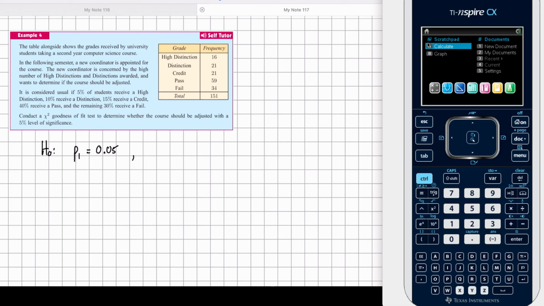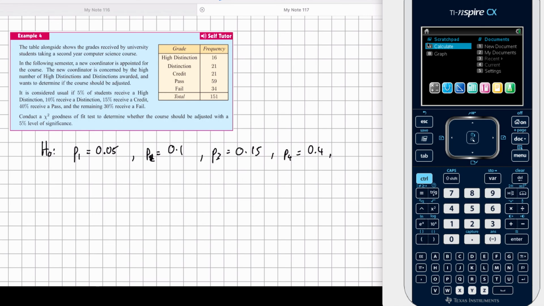The proportion of students that get a distinction, P2, is 10%, which is 0.1. P3 is 0.15. The probability of getting a credit is 0.4, 40%, and a fail is, sorry, 30%, P5 is 0.3.